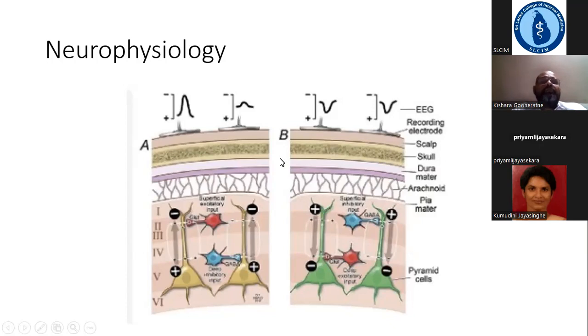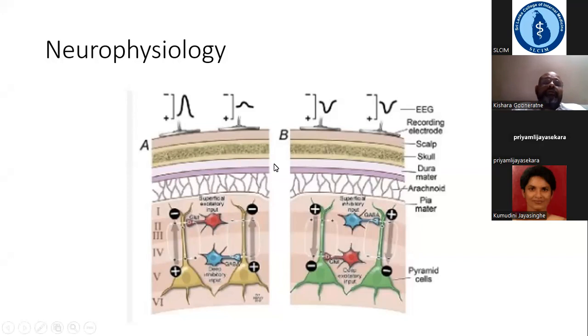So what we see as hypersynchronous discharges or epileptiform discharges are generally negative charges, which means that the electrode with the maximum negative charge or upward deflection is actually closest to the area in which that potential is actually produced.